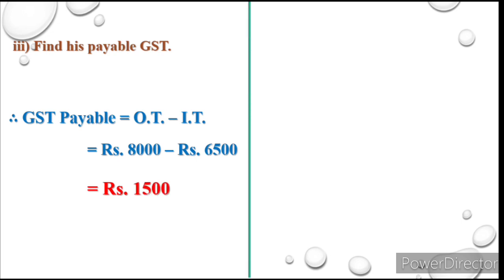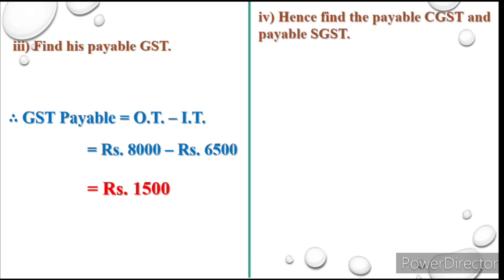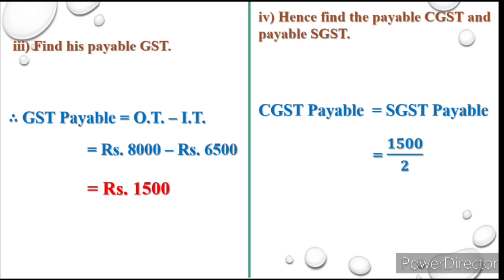And the last, fourth question is to find CGST and SGST payable, which will be half of the GST payable 1,500. So CGST payable is equal to SGST payable. It will be half of 1,500, which is 750 rupees. So these are the basic questions about GST payable, CGST payable and SGST payable.